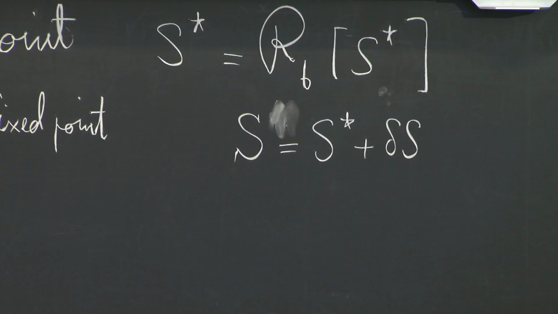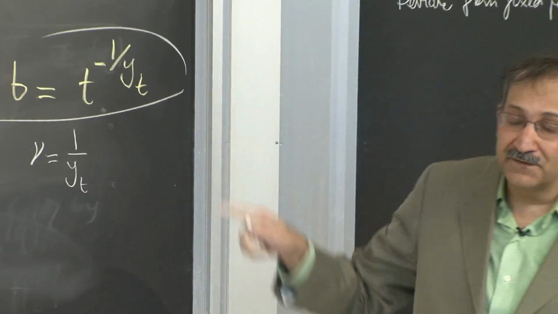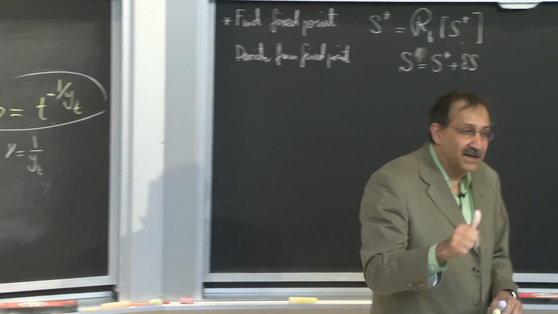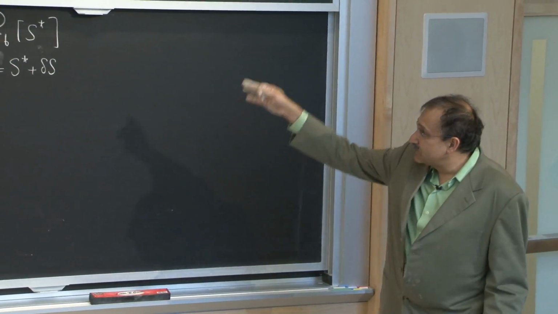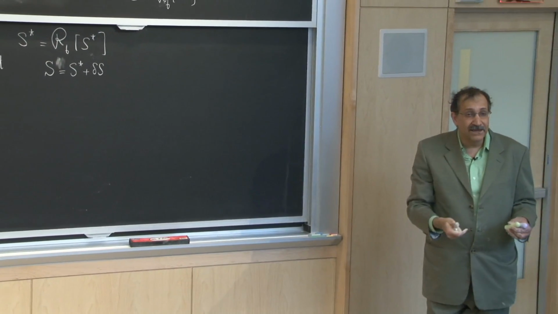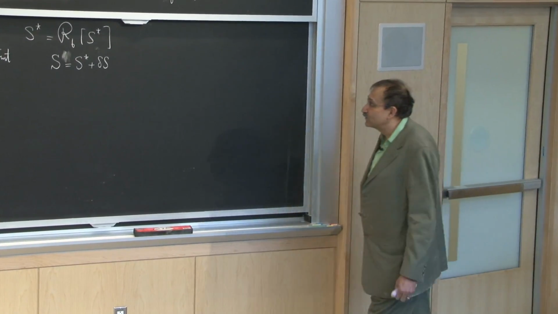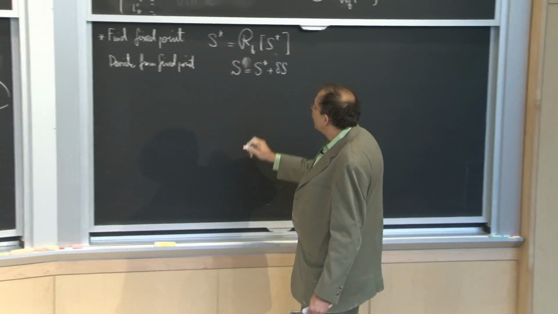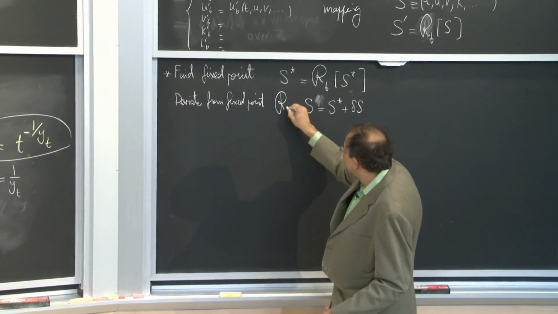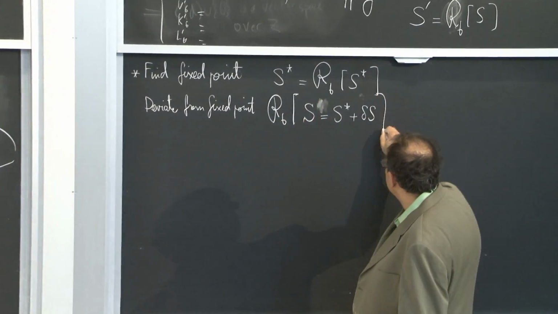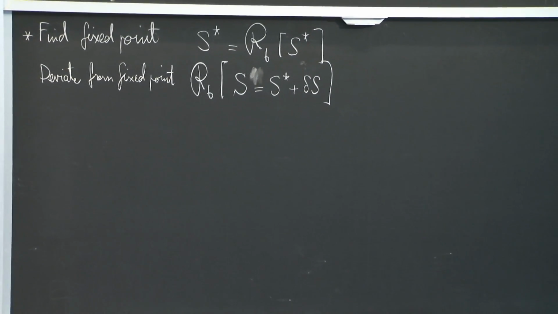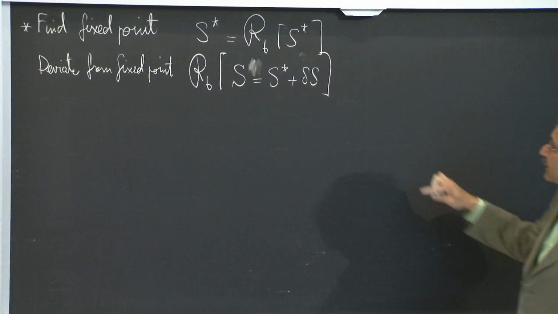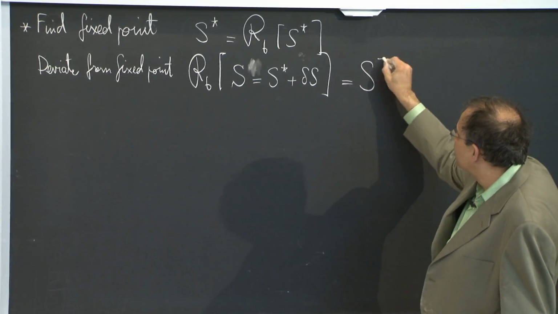Just like in the picture that I had here, I started with the fixed point and I said I go away by an amount that I had parameterized by T and H. Now I have essentially a whole line of deviations forming a vector. I act with R_B on this, and I note that if delta S goes to 0, then I should go back to S star.